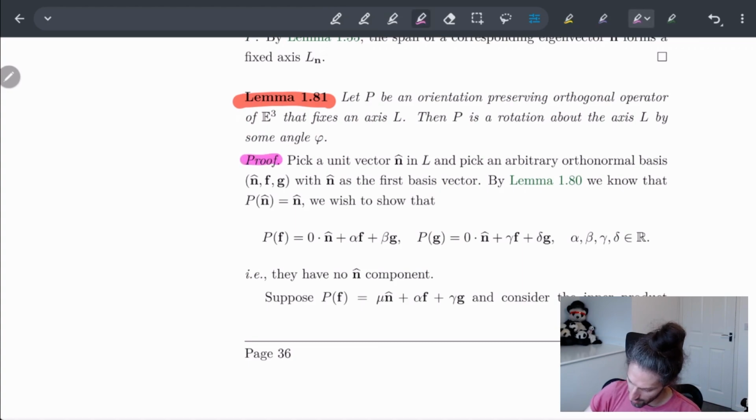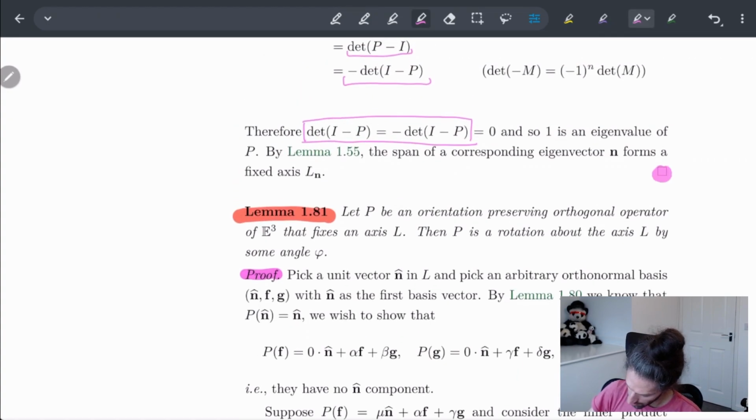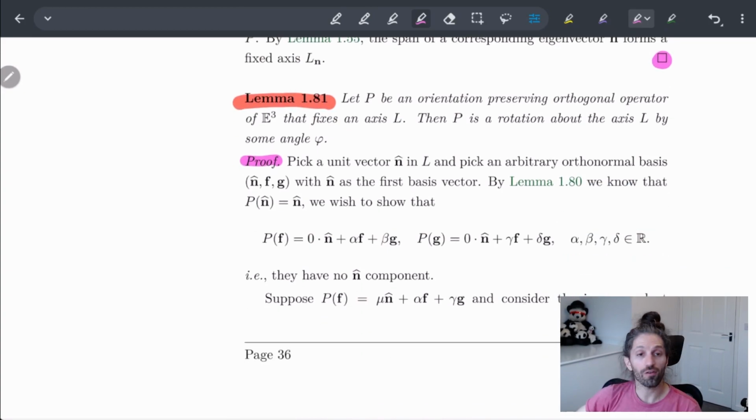So let's look at this. I forgot to note this down. There we go. So first we're going to pick a unit vector n in L and pick an arbitrary orthonormal basis, right? I don't care what orthonormal basis it is. Choose your favorite orthonormal basis. And we're good to go. Here we're requiring that n be a unit vector in L, so if we look at our line, it's got to be contained in this line.